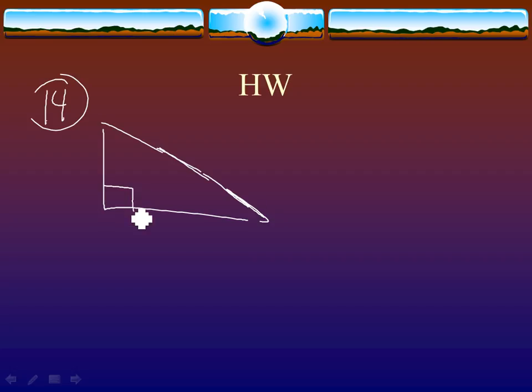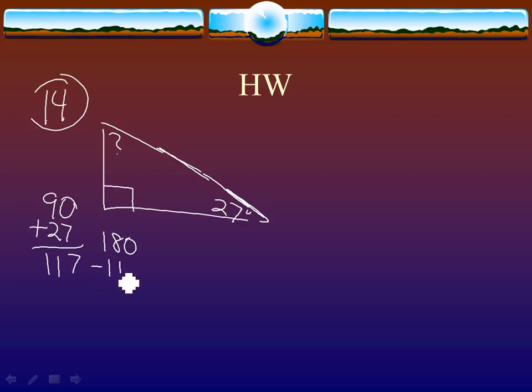They tell us that this is a right angle. This angle's 27 degrees. And they want us to find this missing angle right here. How can we do that? 90 plus 27, and subtract from 180. 117.